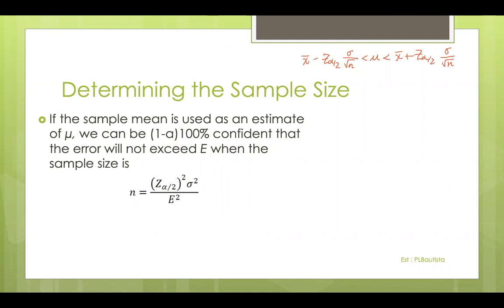And this portion, z alpha over 2 times sigma over square root of n, is what we call the margin of error. Keeping all other things constant, we would want this margin of error to be as small as possible, right? When the margin of error is small, you have a more accurate confidence interval.